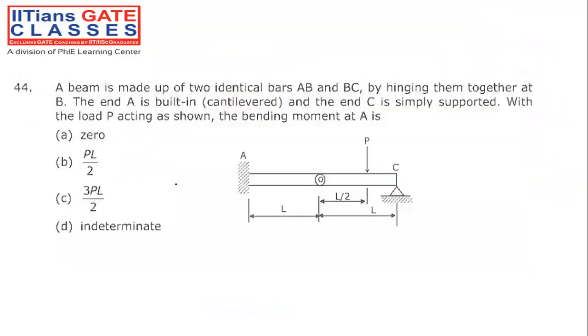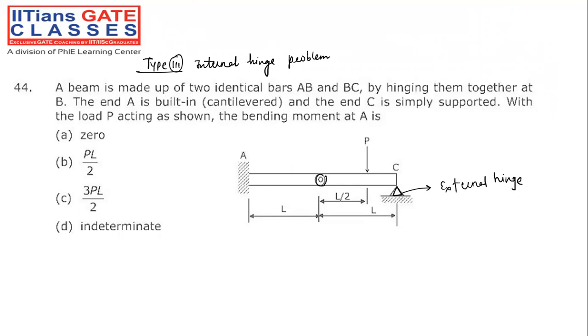Now, when you consider the type 3 problems, that is nothing but the internal hinge problem, right? What we are calling the type 3 problem. Internal hinge problem means, see, we have the external hinge. We are calling this the external hinge.